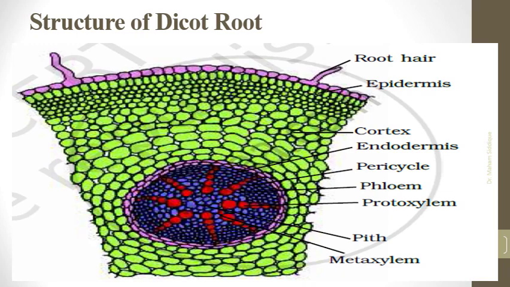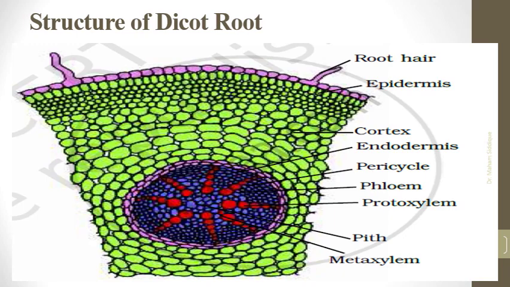Next, the central cylinder is present inside the endodermis. There is a single layer of cells called pericycle, which are made up of thin-walled parenchymatous cells.